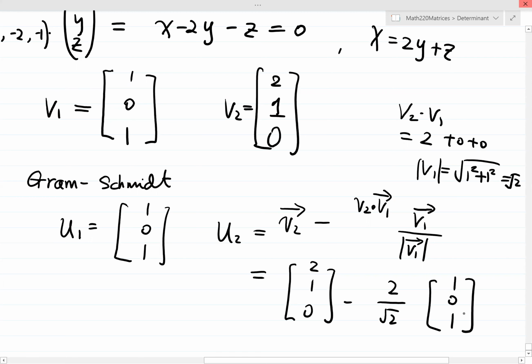We want them to be orthogonal. It should be norm squared here. It's norm squared.